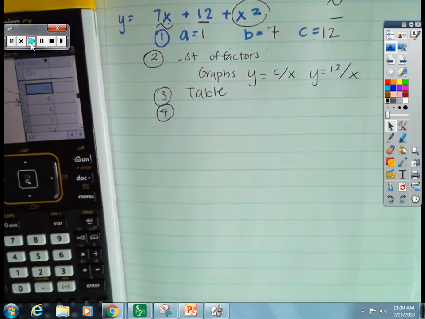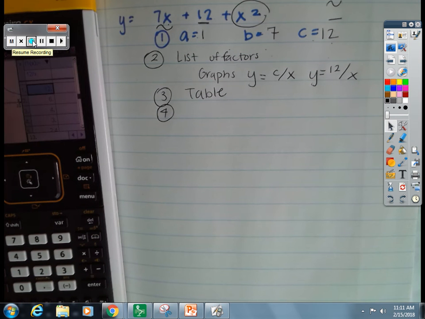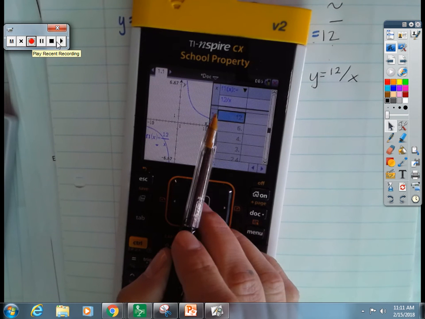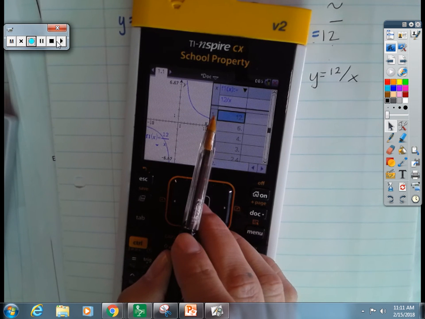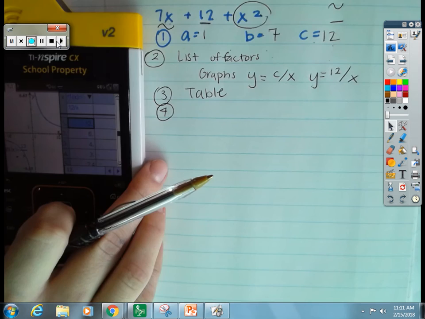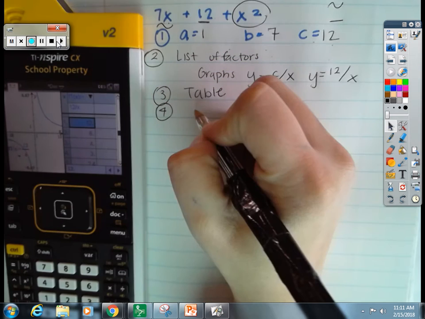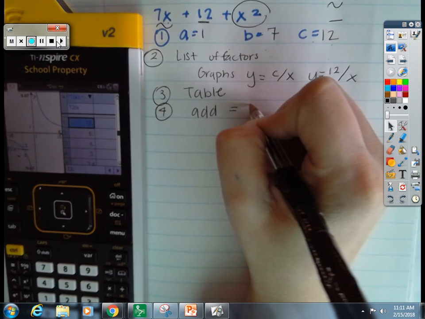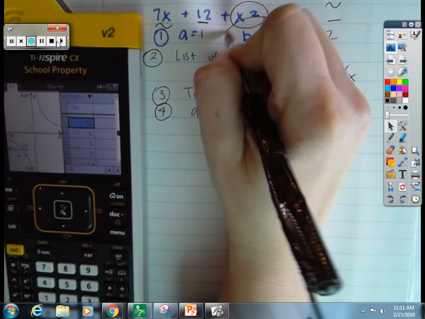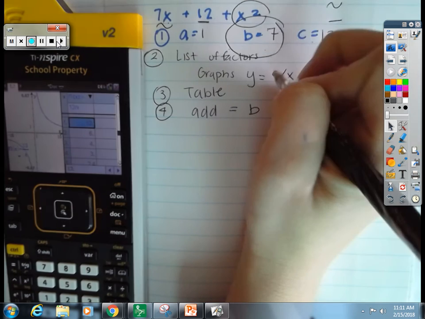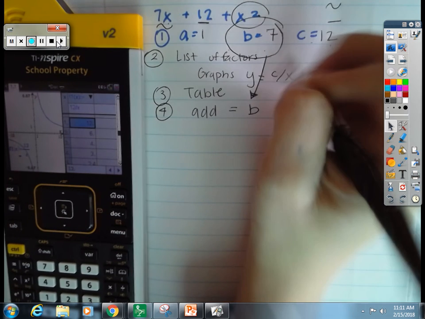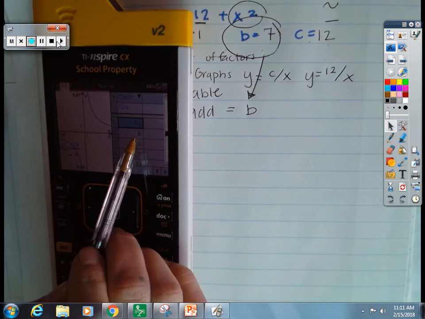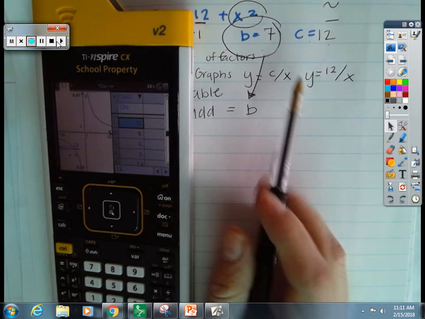When you have your table, these are the factors that multiply to give you C. You're looking for two numbers that when you add them, this is step 4, you have to add those, and the answer has to equal B. Whatever this B is, for me in this problem, it's 7.